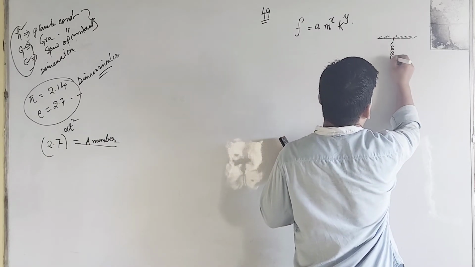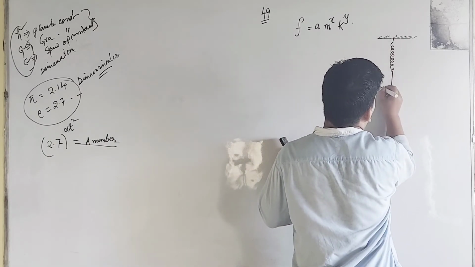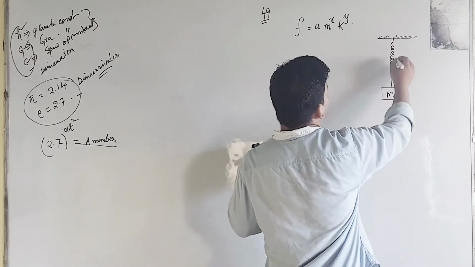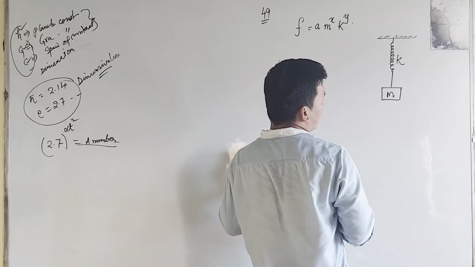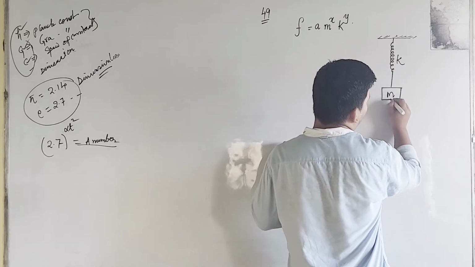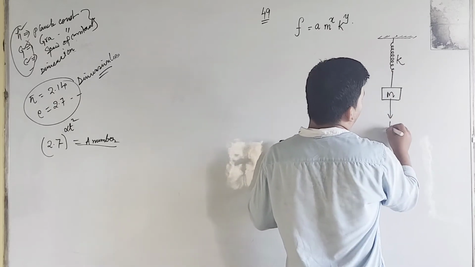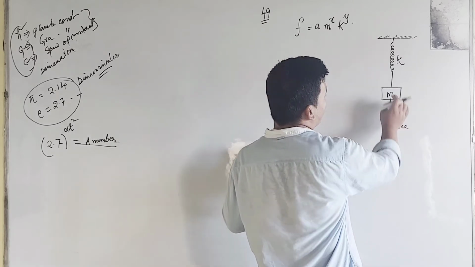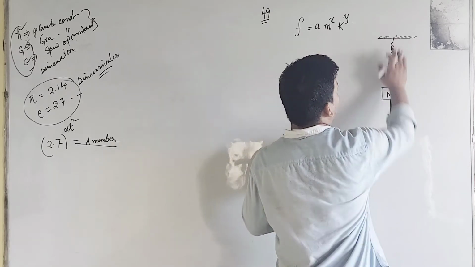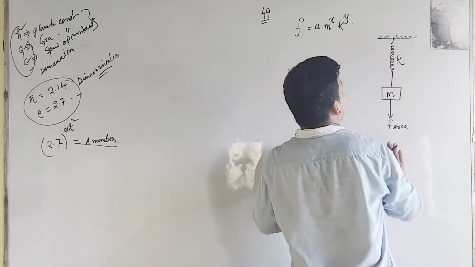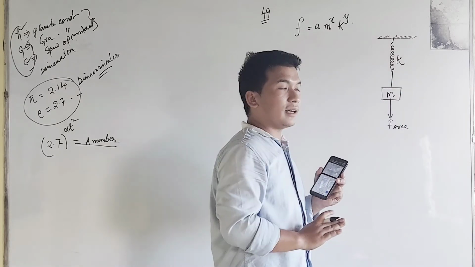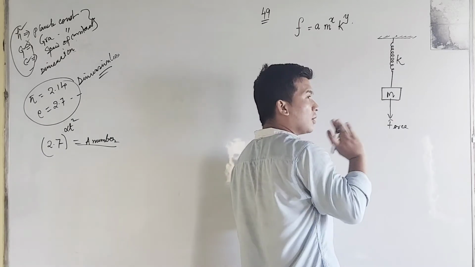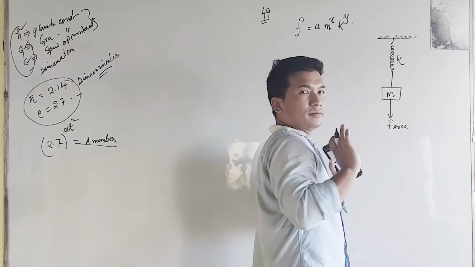This is the spring and we have this mass m suspended from this spring of constant k. If we pull this down by some external force and then release it, there will be vibrations up and down.